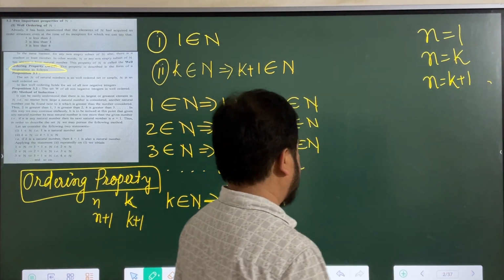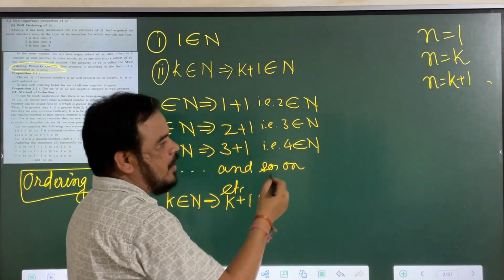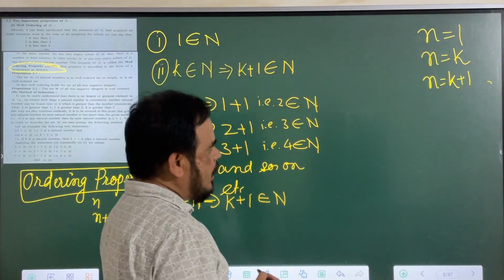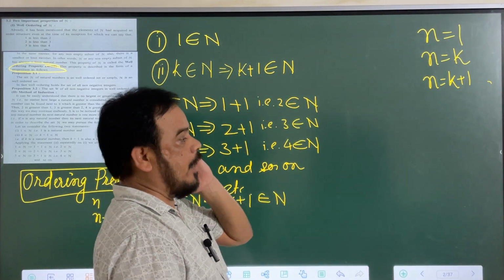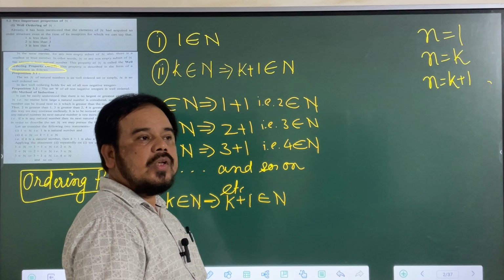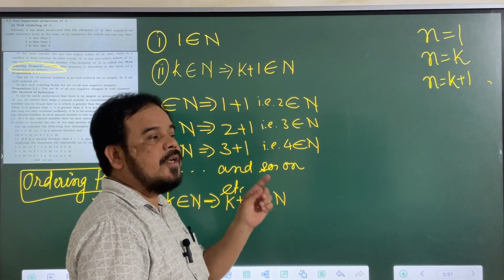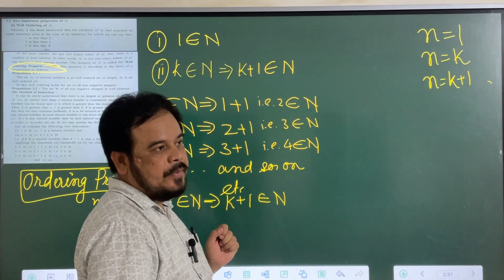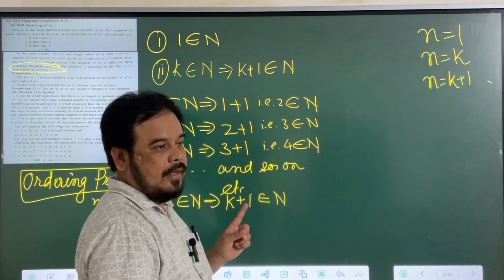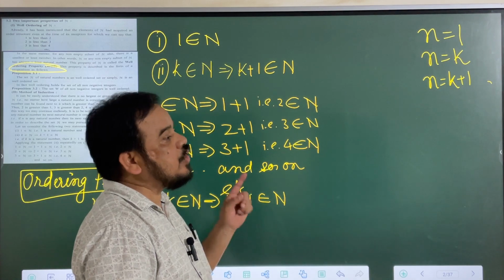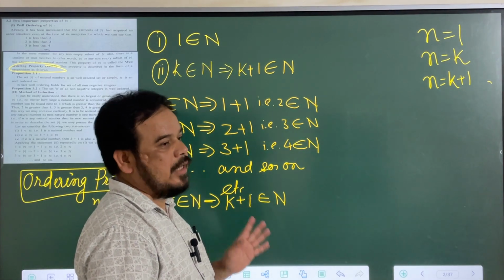It means in a series of natural numbers, if there is 1 term, that means n equals 1. If there are 5 terms, n equals 5. If there are k terms, that means n equals k. If there are 6 terms, then n equals k plus 5.